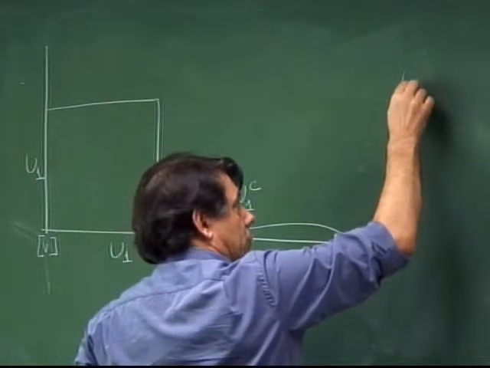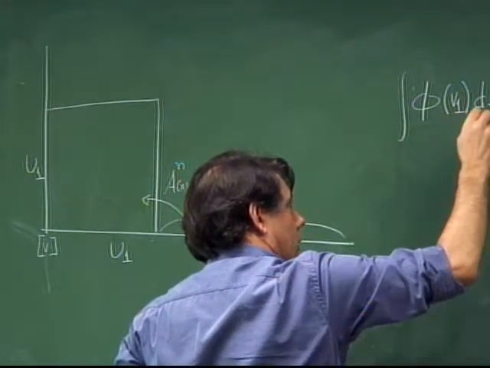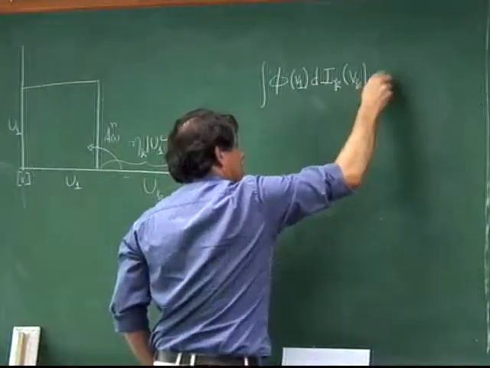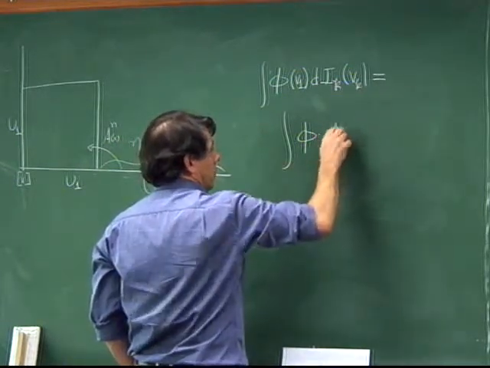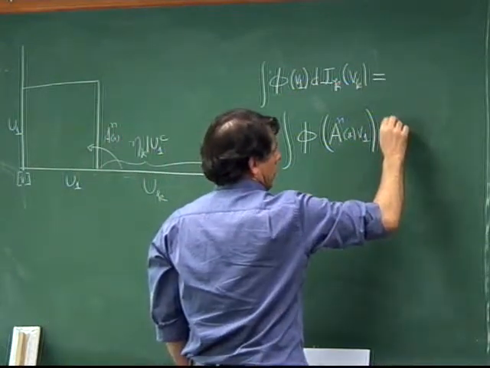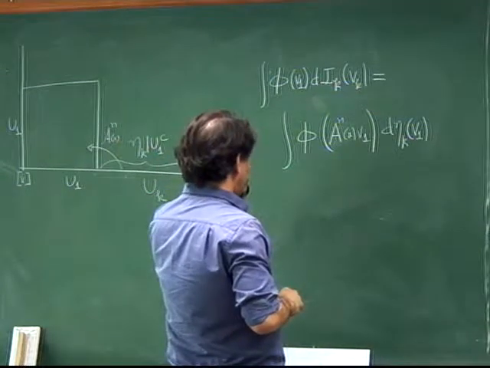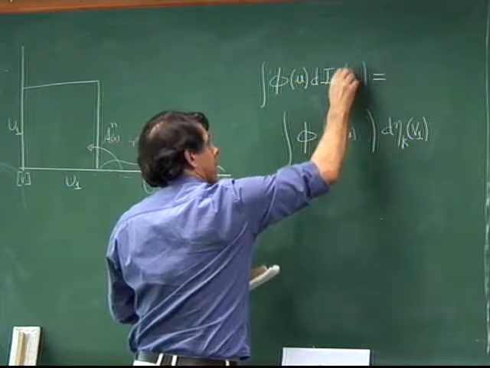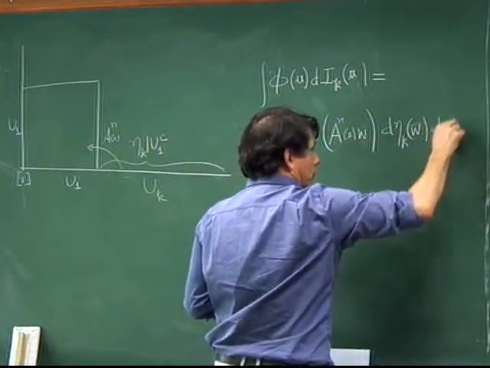So if you want a formula, what that means is that the integral of phi with respect to IK is the integral of phi composed with AN of X applied to W, maybe I should use different letters here, U and W, integrated with respect to eta k of W, and integrated with respect to mu of x.